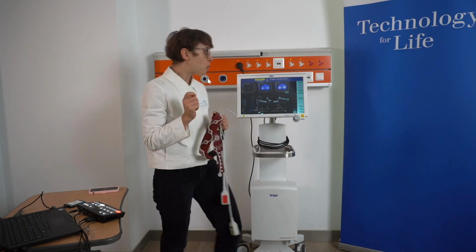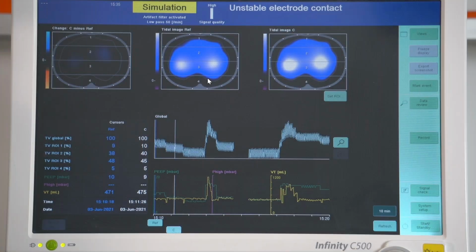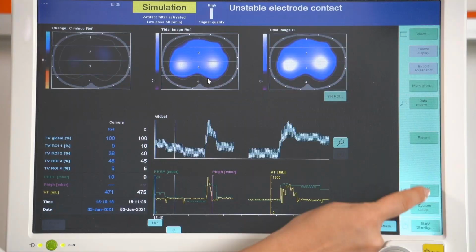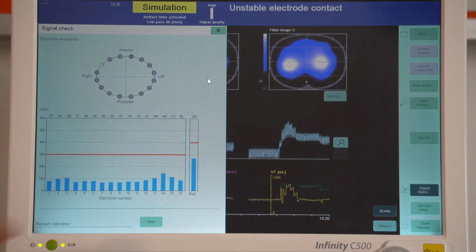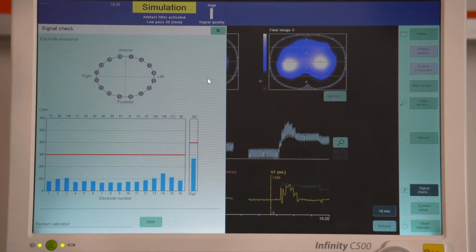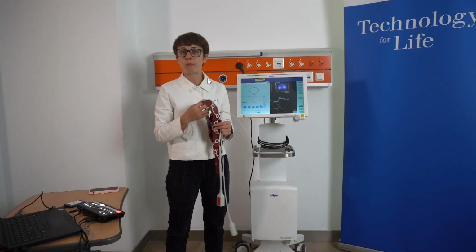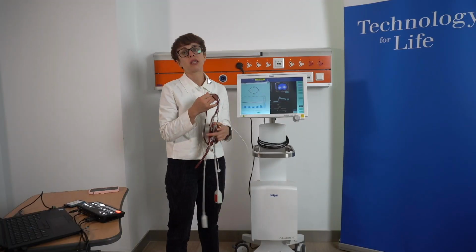Most importantly, when you position the belt, perform the signal check to ensure that we get the appropriate signal from all the electrodes. But the patient should not be suffocated by the belt.